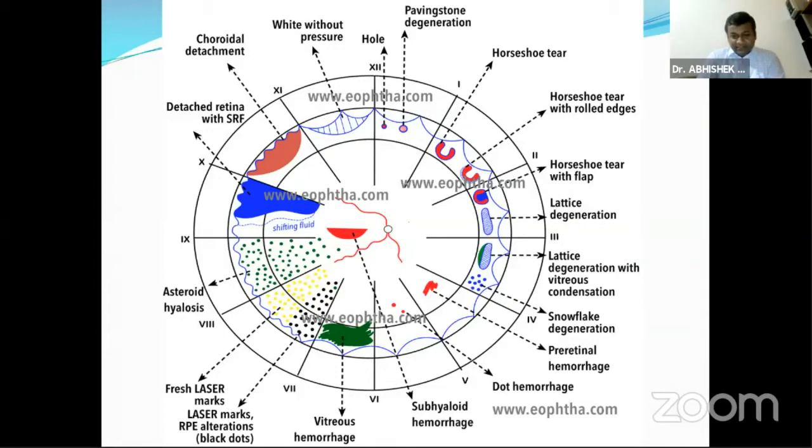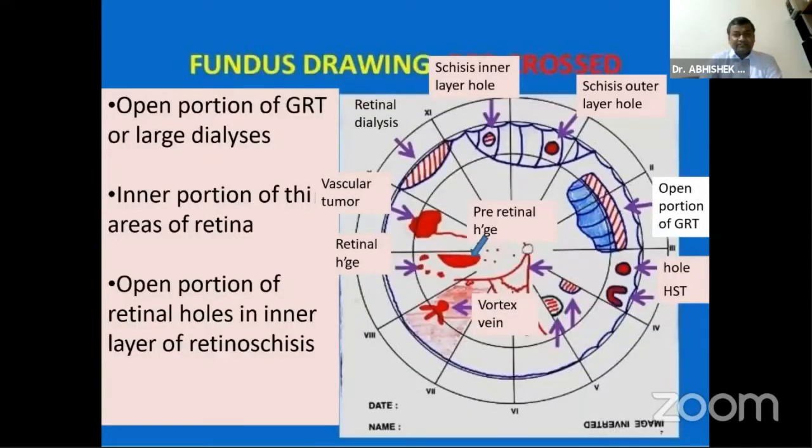Shall be discussing subsequently. The solid red is used for denoting pathologies like a vascular tumor, which can be drawn like this. Dot and blot hemorrhages in diabetic retinopathy can be drawn as drawn here. The subhyaloid hemorrhage can be drawn like a boat-shaped hemorrhage. The vortex vein can be drawn like this.